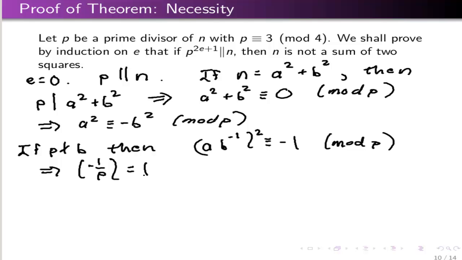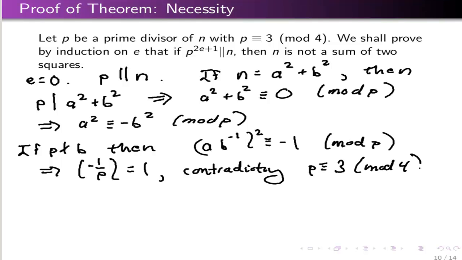Aha! That's a contradiction since P is congruent to 3 mod 4. Contradicting P congruent to 3 mod 4. Therefore we must have P dividing b.